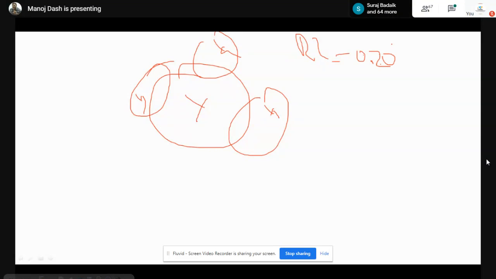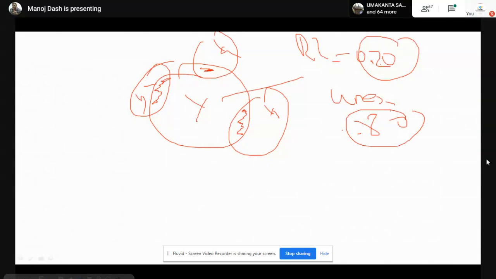Anybody? 20% of the variance of Y is explained by the independent variables. Is it clear? What is the unexplained variation? 80%. Can you say that it is a good model? No. No, sir.